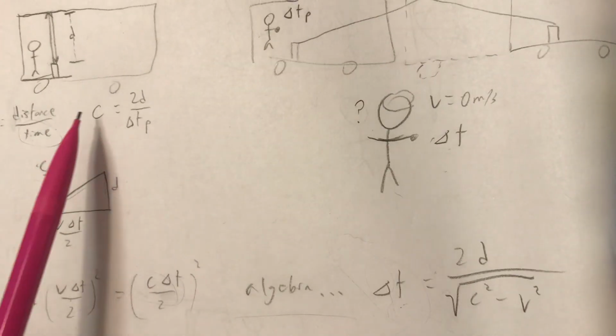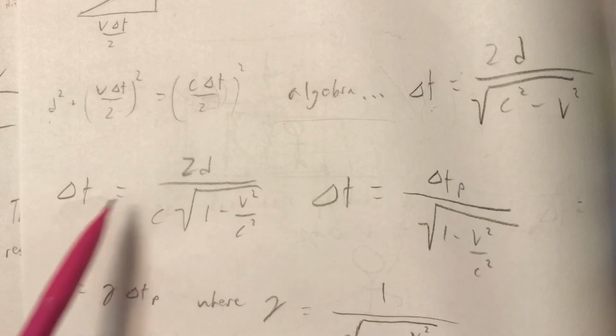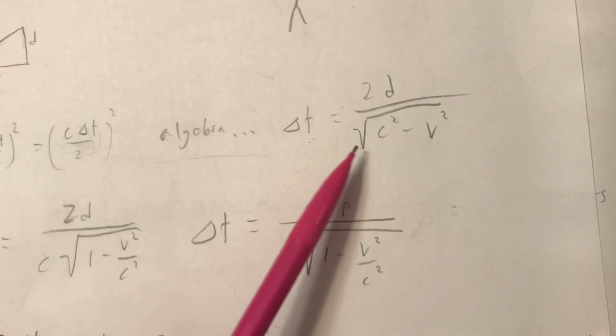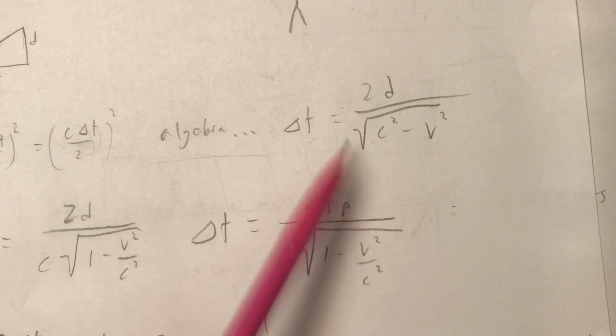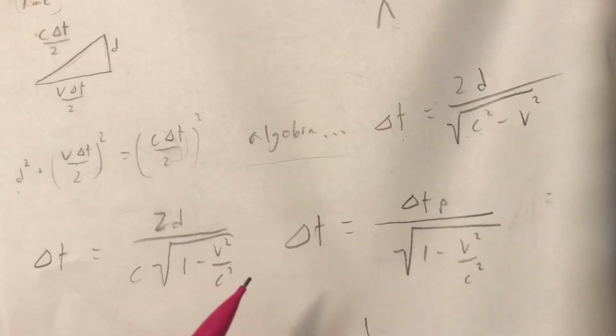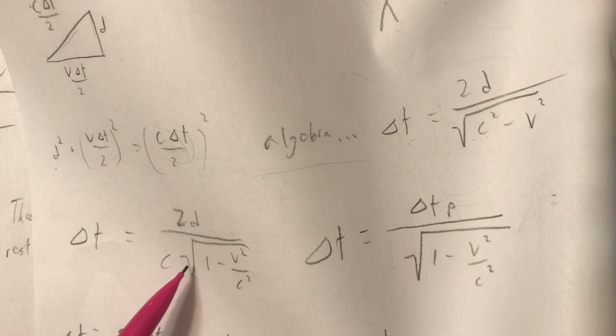Next step, we're going to take our equation here and factor a c squared out of the square root. From that we get 2d divided by c times the square root of 1 minus v squared over c squared.